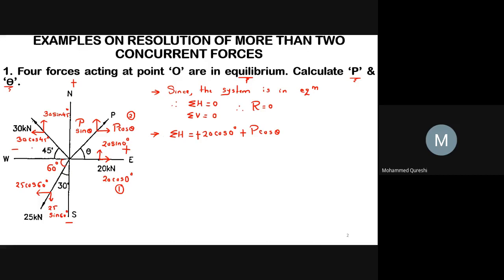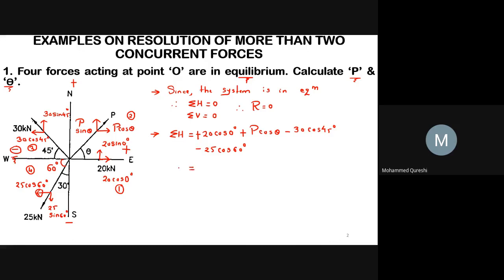Then our third component is this 30 cos 45 degree. Its direction is in the second quadrant, hence it will be negative, minus 30 cos 45. Then last, 25 cos 60 degree. Again this component is in the third quadrant, so this will also be minus.